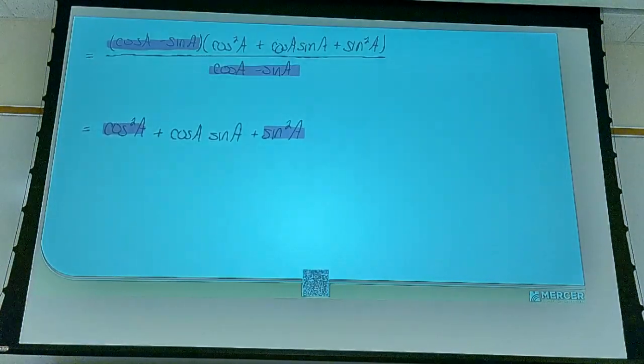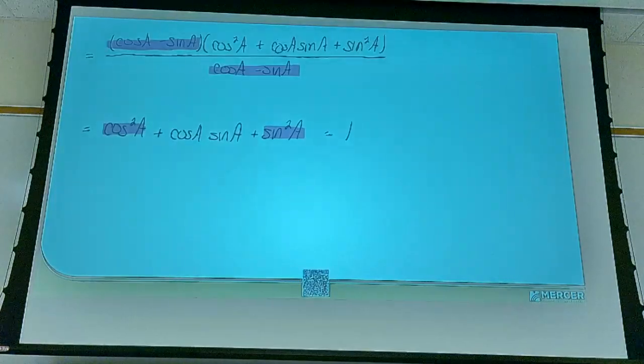Addition, commutative, and associative. There's a cosine squared plus a sine squared. That's just one, isn't it? Multiplication of real numbers, isn't that also commutative?